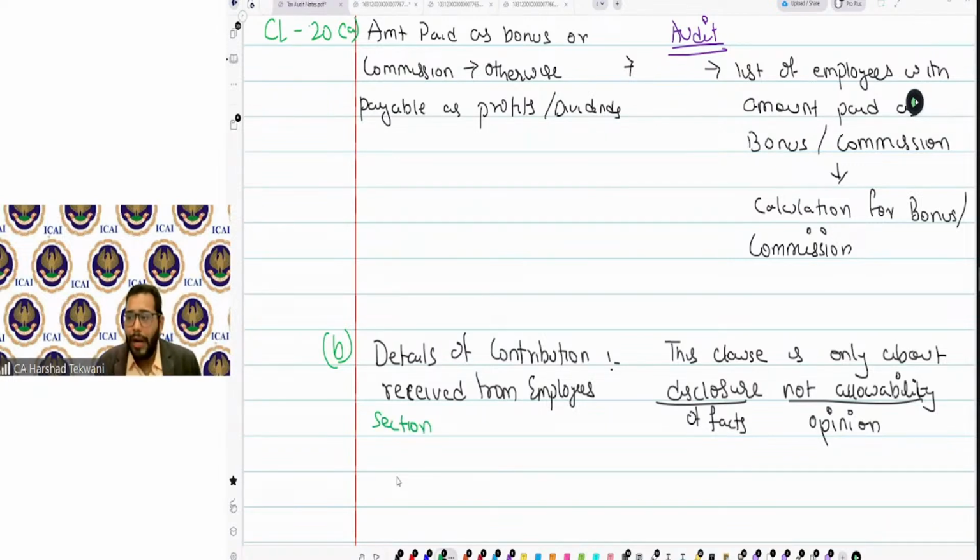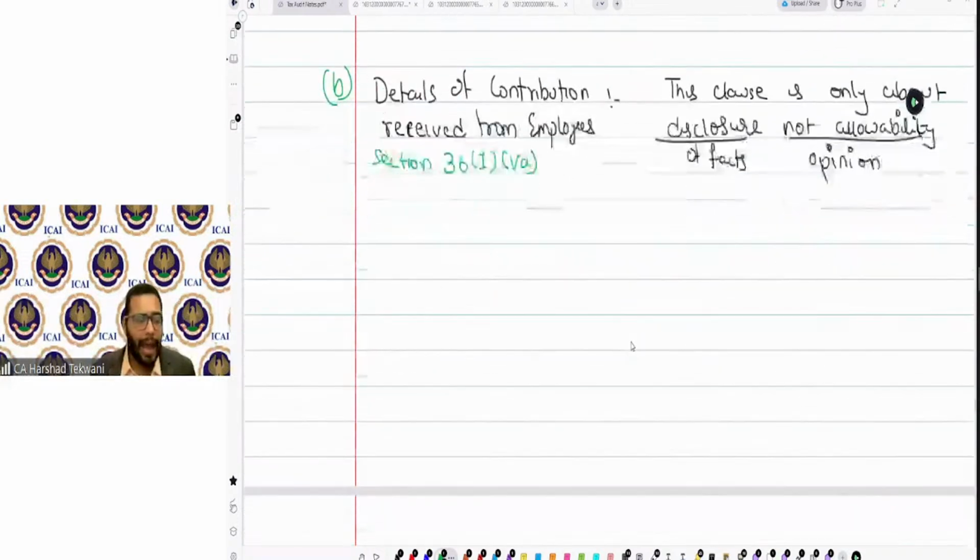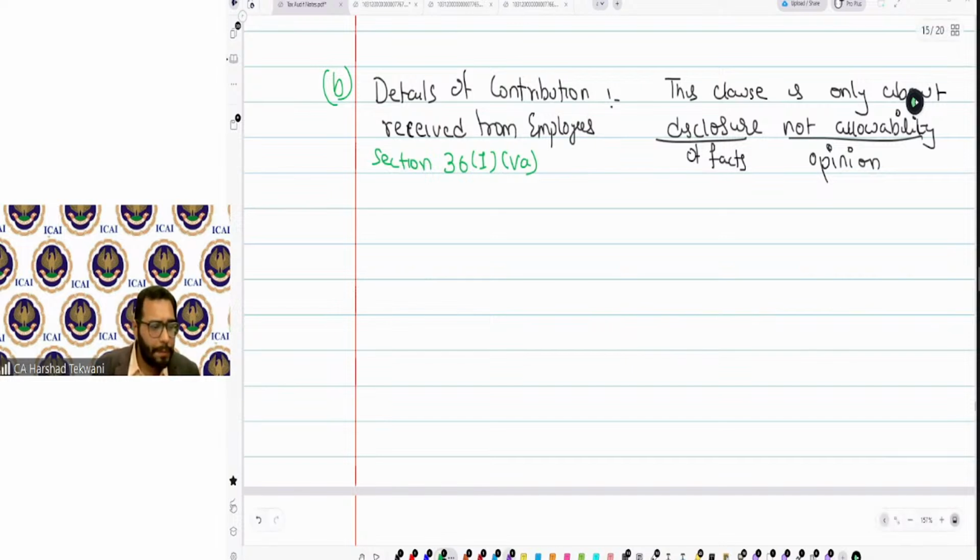I am not required to report on the deduction allowability. I am just required to disclose the facts. That's it. Now, how can I identify these things, the contribution received? For this purpose, I need to look into payroll records.